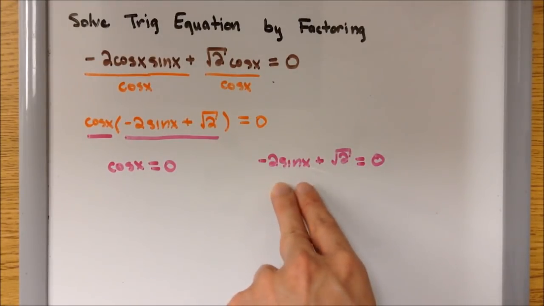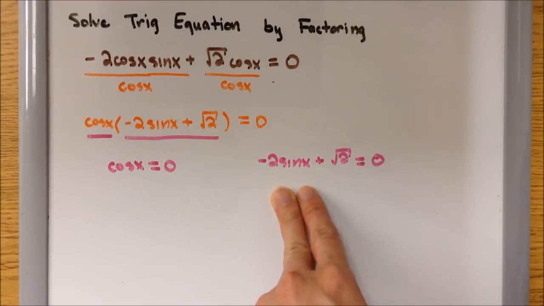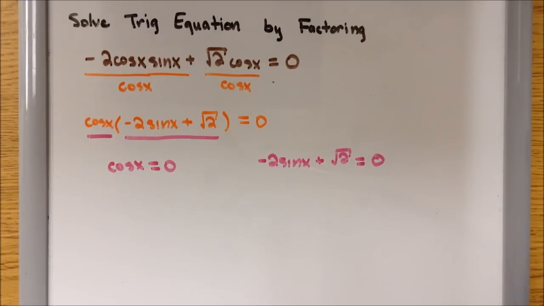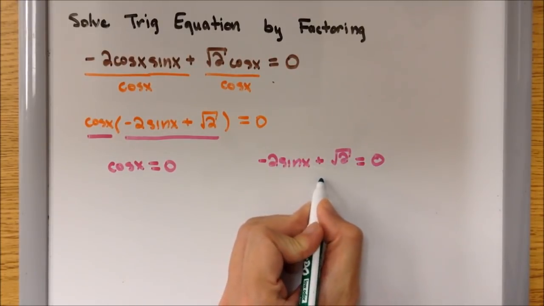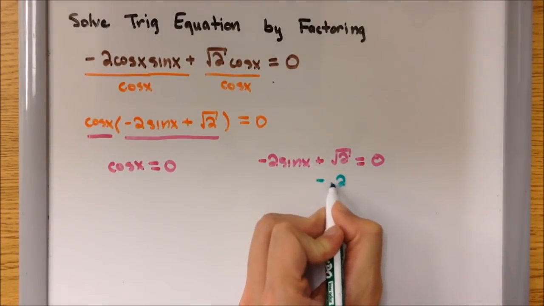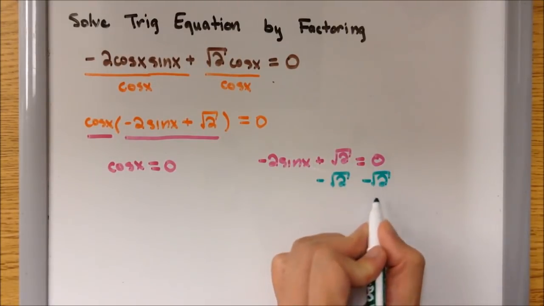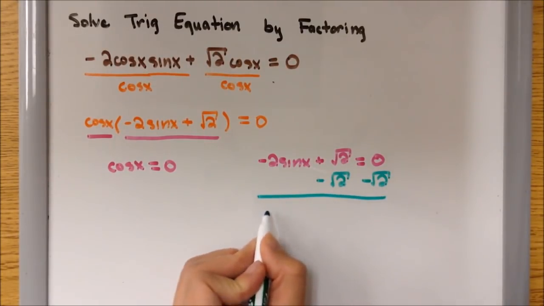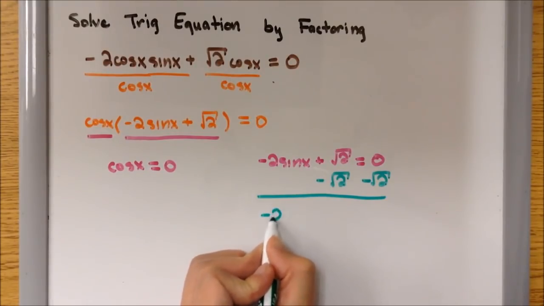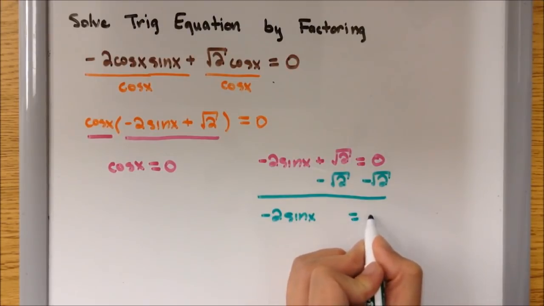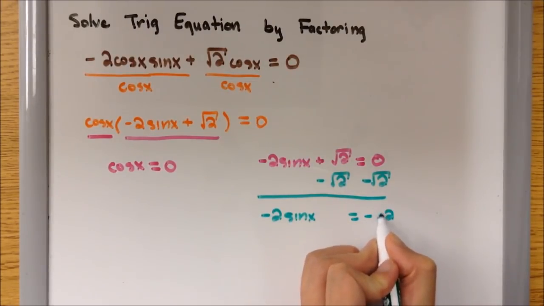Now the next one, negative 2 sine of x plus square root of 2 equal to 0. We can solve for sine of x. So what I'm going to do is I'm trying to cancel out the plus square root of 2. So I'm going to subtract square root of 2 and then subtract square root of 2 on the right. So we're going to have negative 2 sine of x equal negative square root of 2.